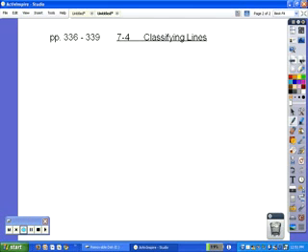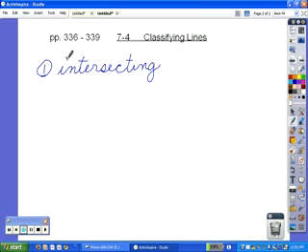In number 1, the lines cross, but they don't form right angles, so we would just call those intersecting lines. In number 2, however, when the lines cross, you can see that a right angle is formed, so we would call those perpendicular lines.